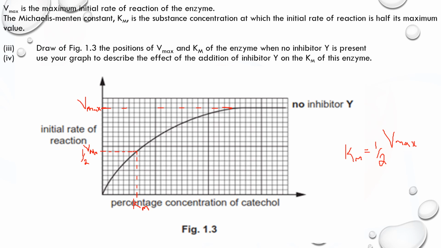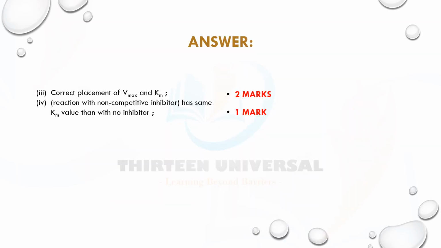So correct placement of Vmax and Km, 2 marks for that. For the second question, a non-competitive inhibitor gives the same Km value as the graph with no inhibitor.